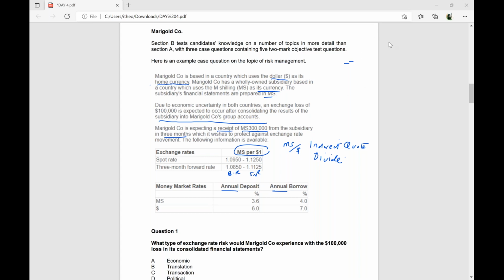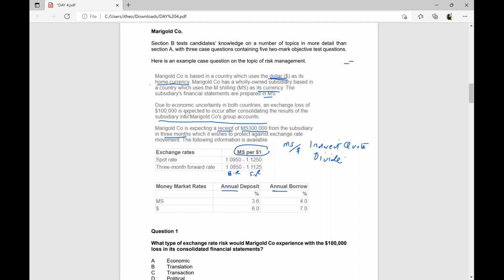Just quickly go through the question again. The question states Marigold is based in a country which uses dollar as its home currency.